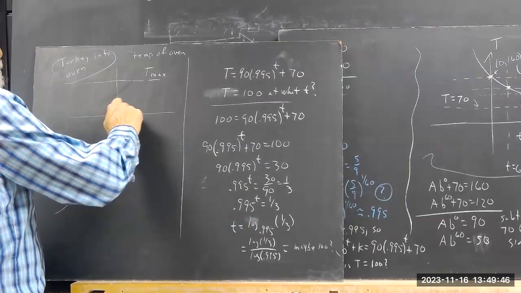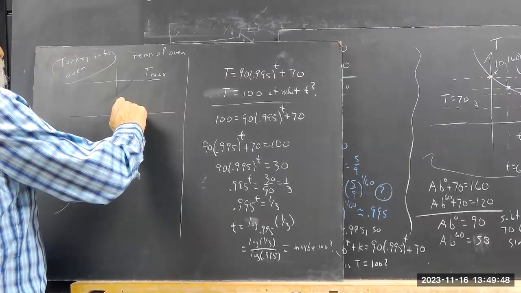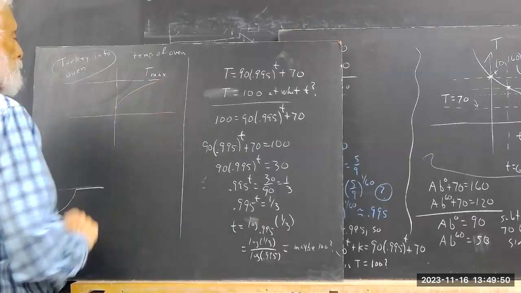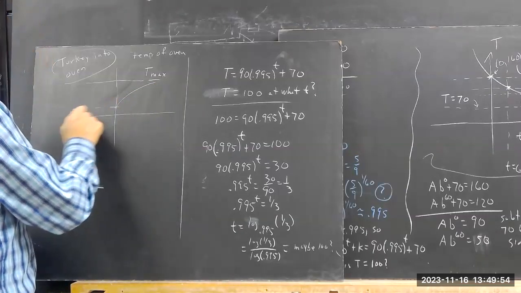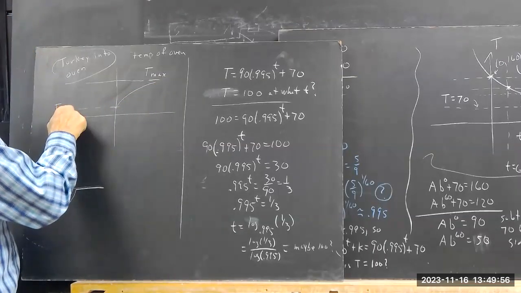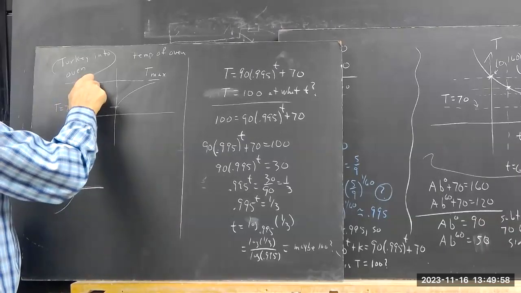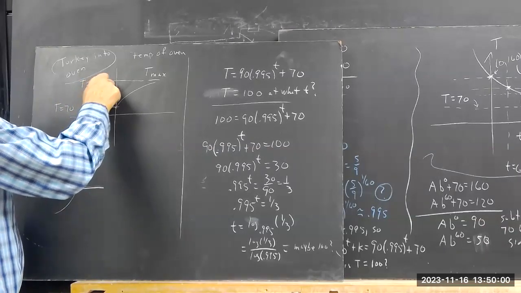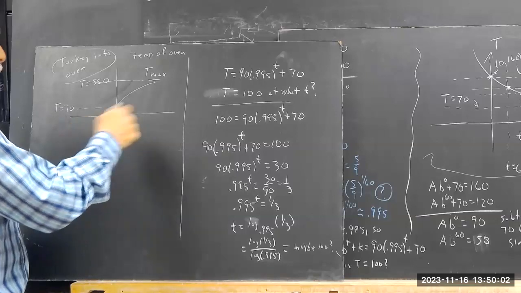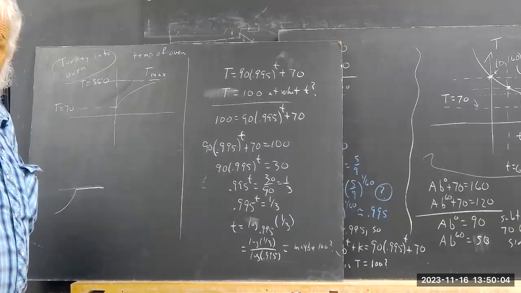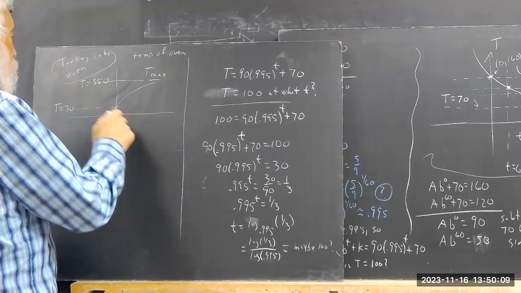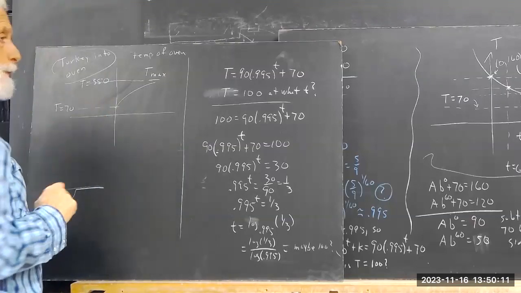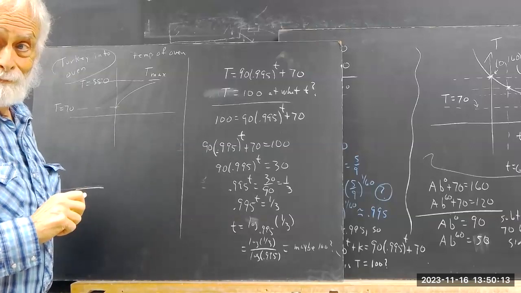It's going to start at, well, let's just say we start at room temperature. So let's say this is 70 and this is 350. We want to stop this thing when the temperature is about 160.